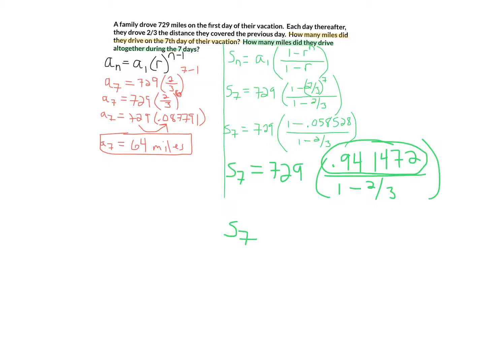So on your calculator, for the bottom, you're basically doing this: open the parenthesis, 1 minus, open another parenthesis, 2 divided by 3, close parenthesis again. That way it takes care of everything, and you can do all your math at once. So now, I hit the equals.